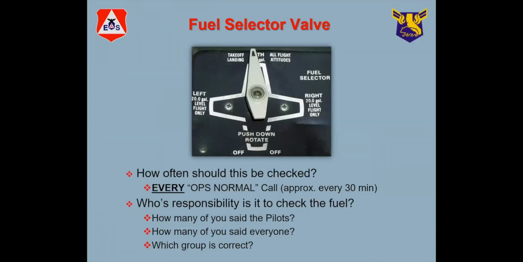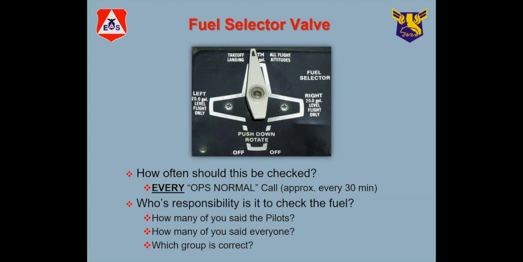The fuel selector is very, very important. The fuel in our airplanes is stored in two different tanks. They usually flow together when the dial is in the center, like indicated here. But if you turn the pointy end at the top to the right or the left, you're feeding fuel only from that particular tank. Most commonly on takeoff and landing, you have it on both.